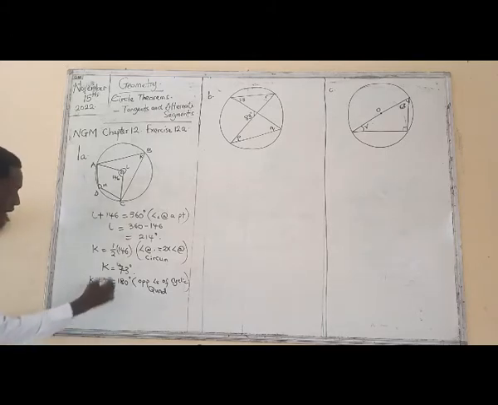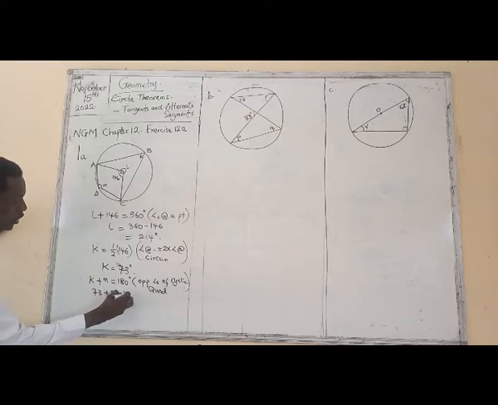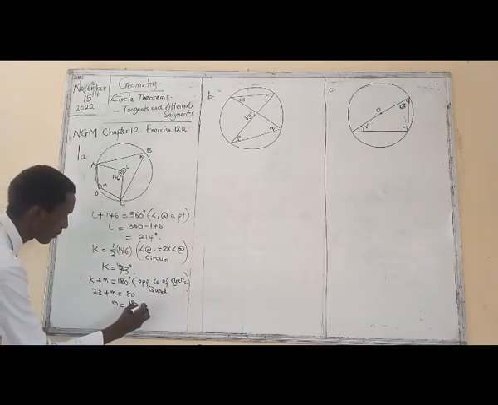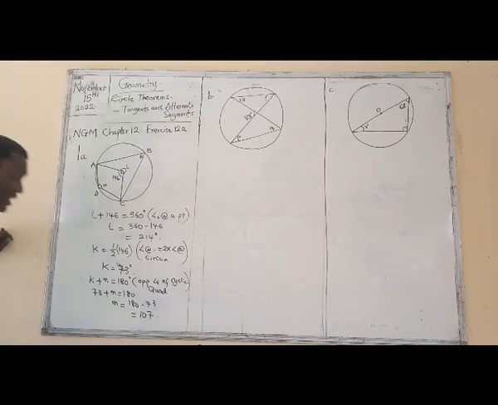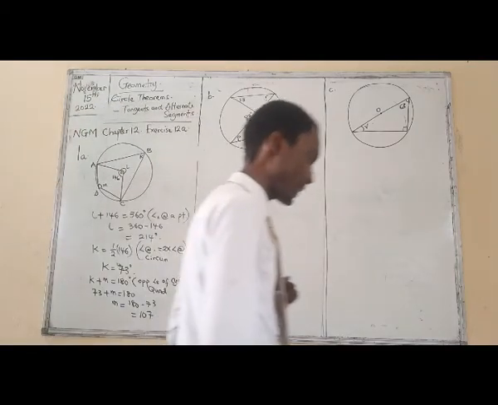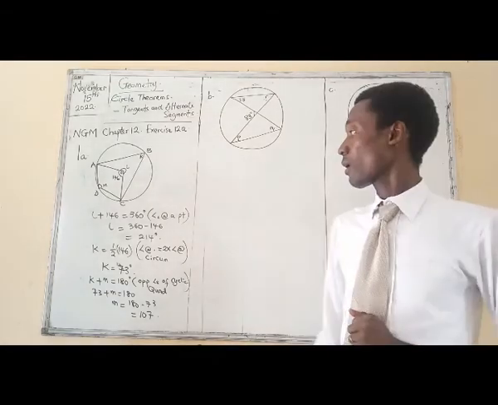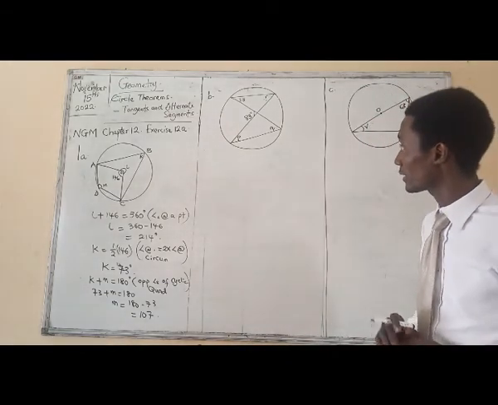So with that said, 73 plus M will be equal to 180. So M will be equal to what? Am I adding or subtracting? Beautiful. So 180 minus 73 will be equal to what? 107. Did I get that right? Alright, so if you use the other method, you will still obtain the same answer. So that takes care of number 1A.